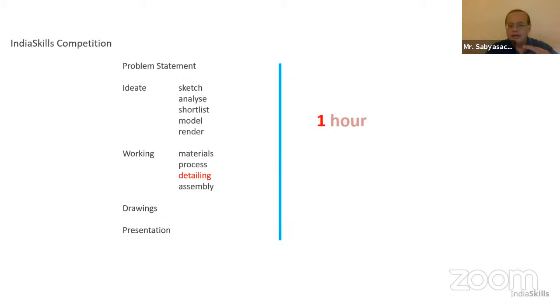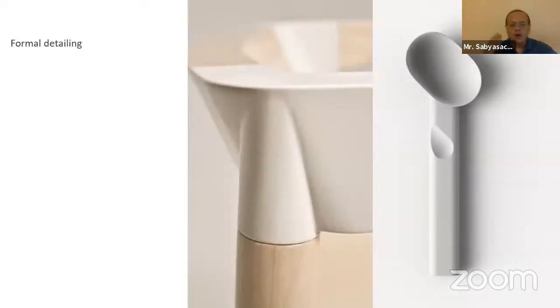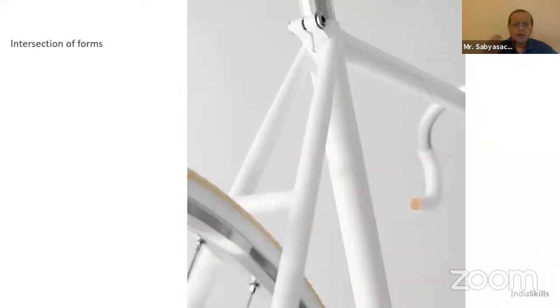So detailing also involves formal detailing, which means how the entire thing looks, the very fine little details, like the little place for the thumb screw in the spoon. Look at the way pipes come and join together, how there's a nice intersection of forms.